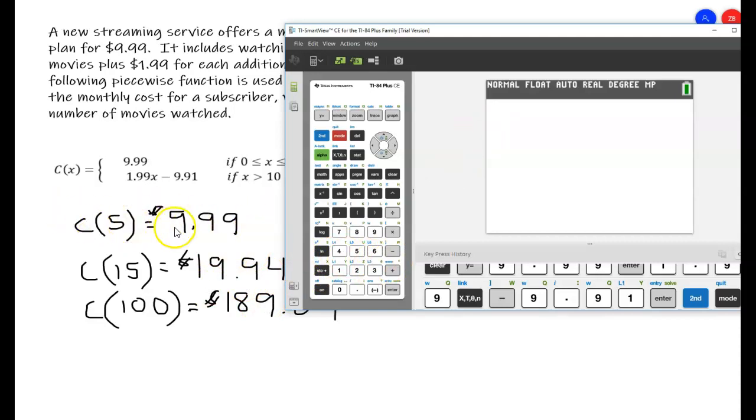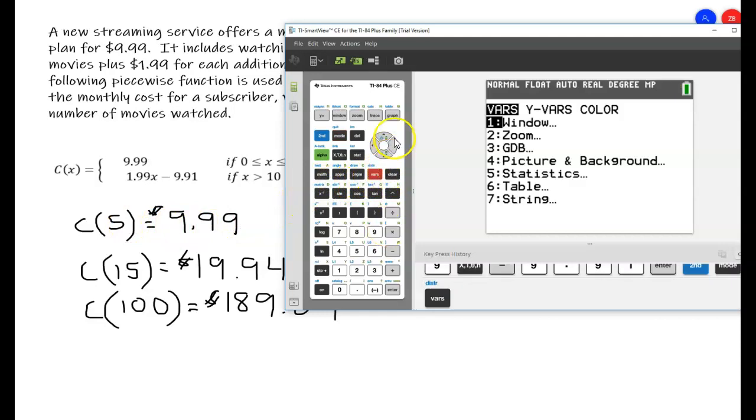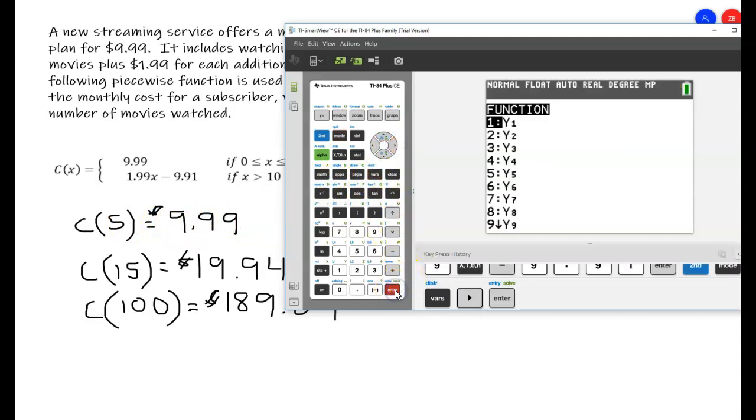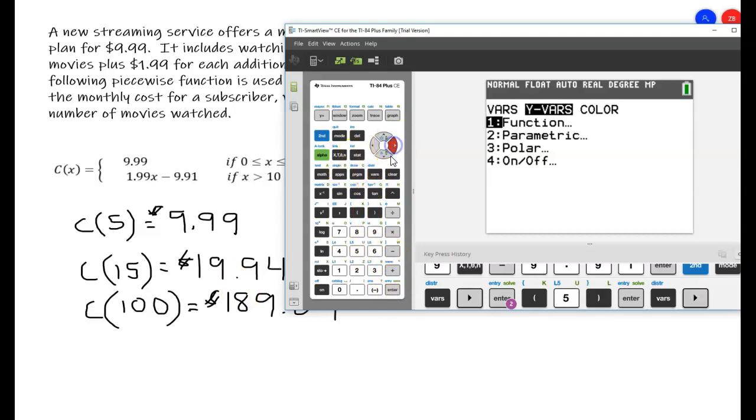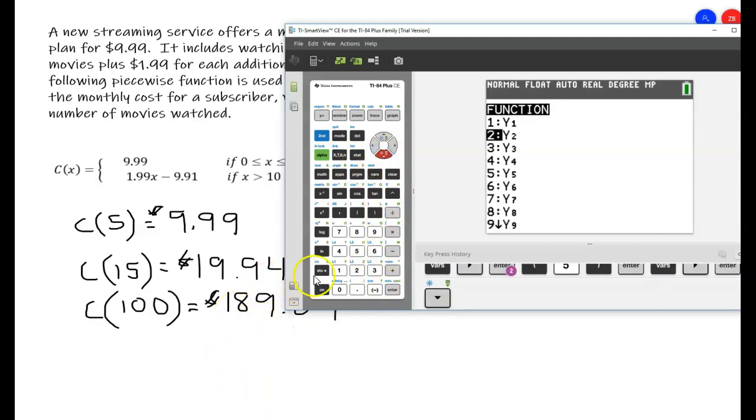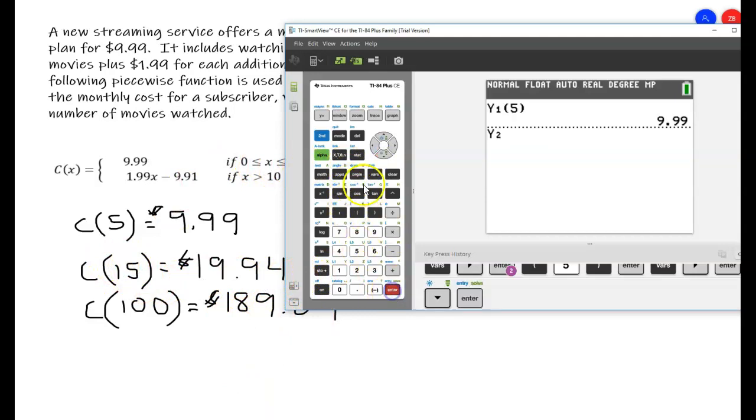So going back, if I do the first one here, 5, I just go vars, go to y variables. We're going to use y1, and we're going to evaluate that at 5, and we get our 9.99. Very nice. The second one, we're going to go to vars. This time we're going to have to use y2 because we see that 15 is greater than this one. So put that in there.